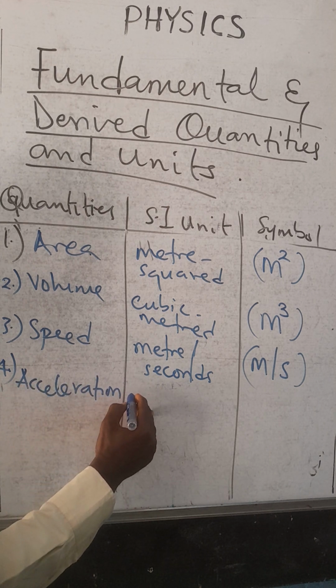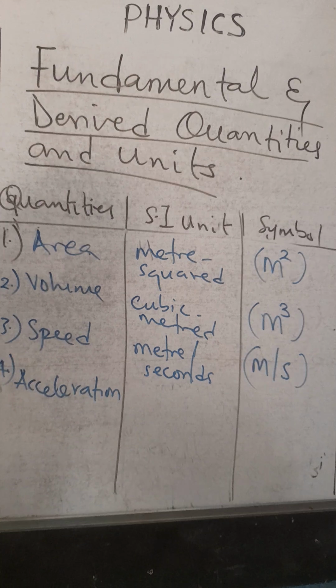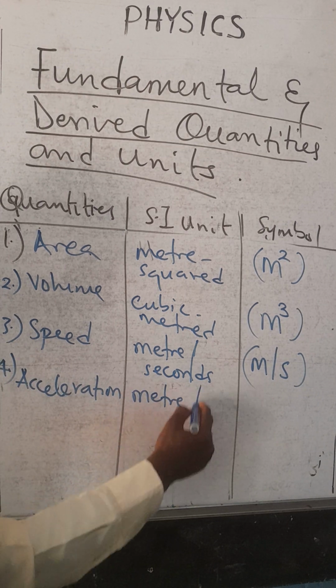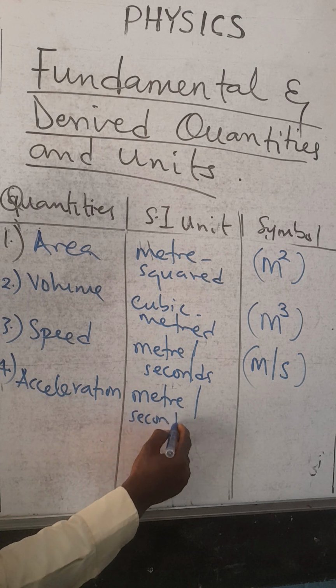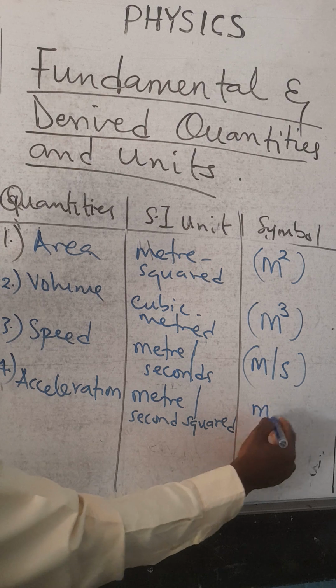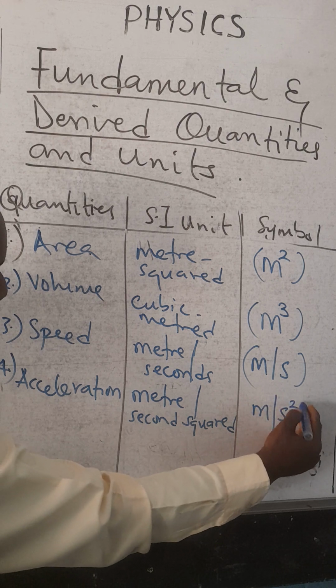The basic SI unit will be meter per second squared.